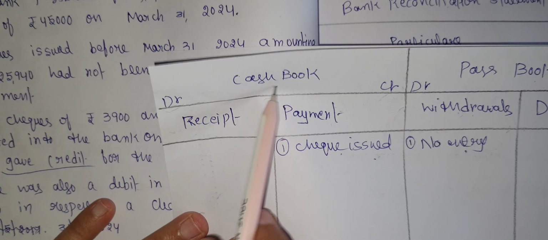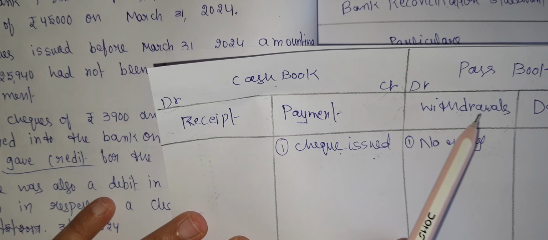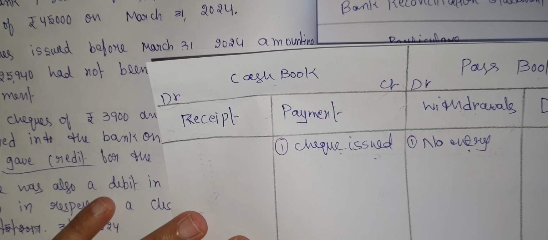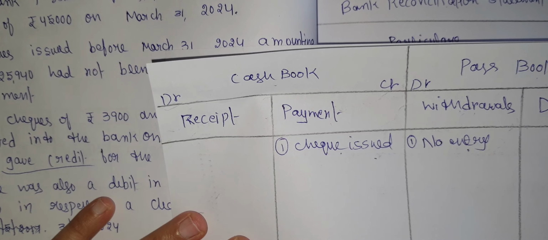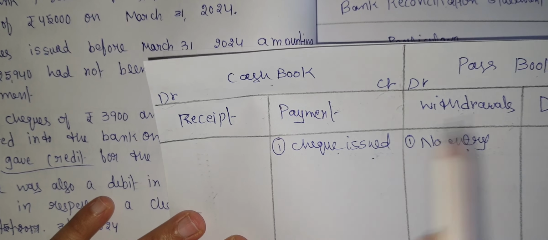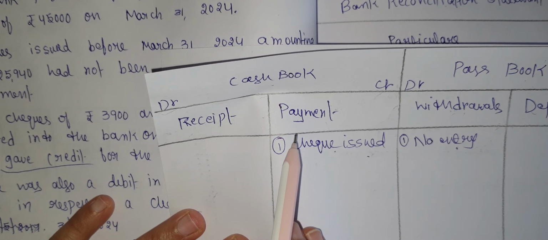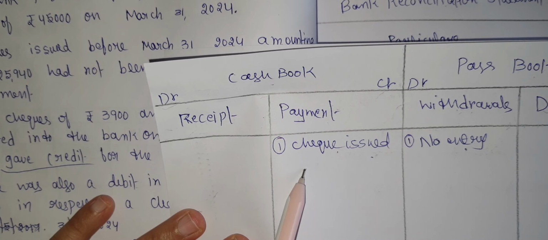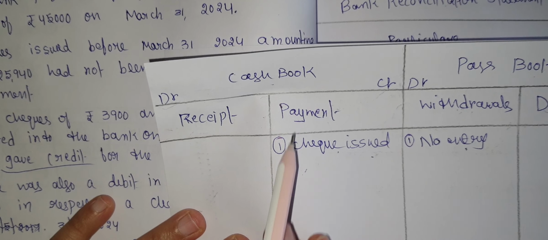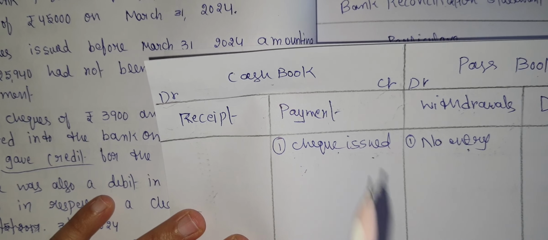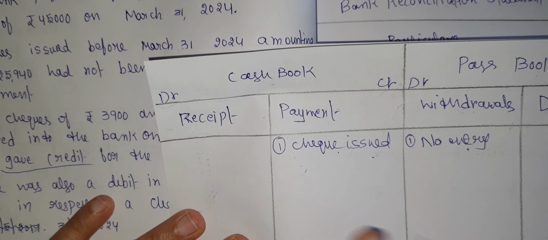See here, there is no change in the balance of the passbook, but compared to the passbook, the cash book balance is less, means we have to deduct this transaction.